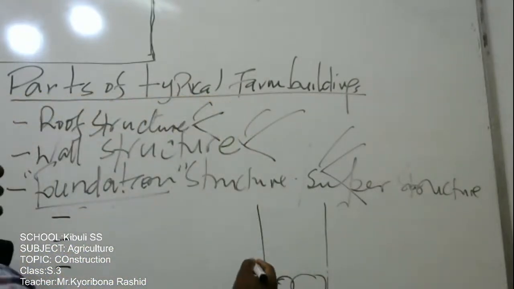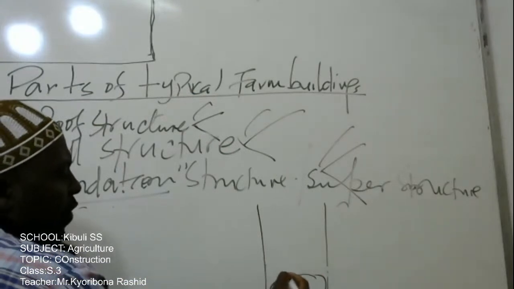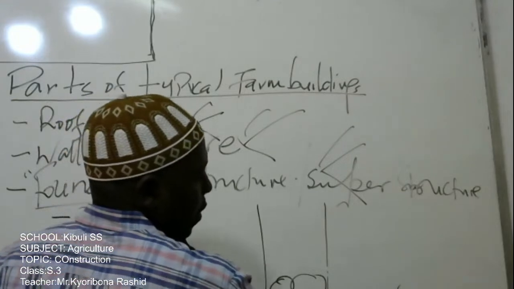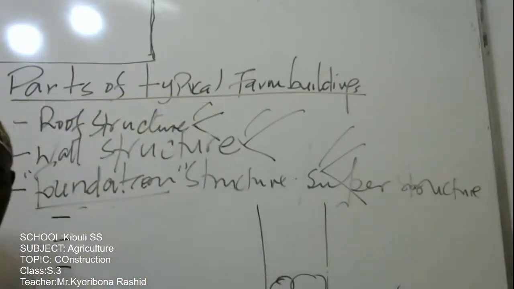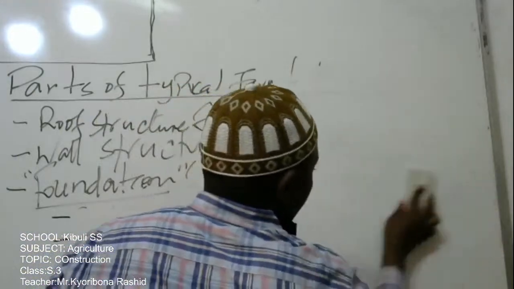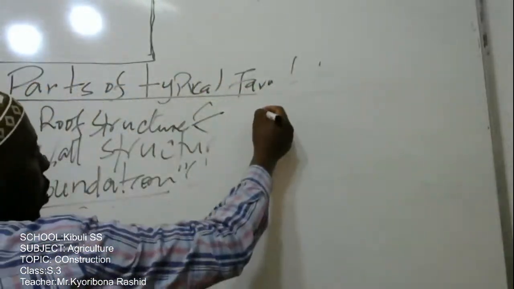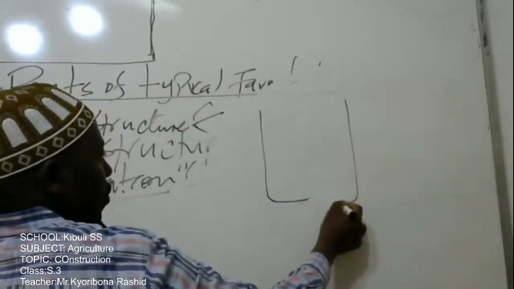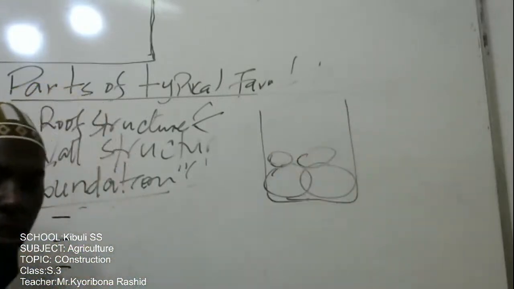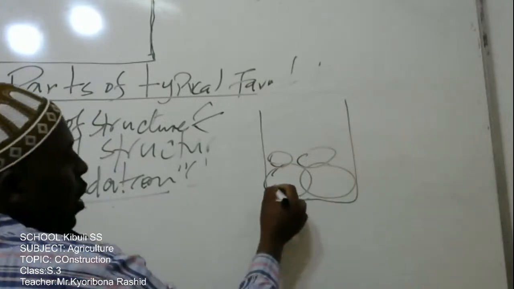Now, after laying these, we call them hardcore. I don't know whether you can see hardcore. Maybe you need to draw it somewhere where you can see. So if this is our foundation building, this is what we call hardcore.